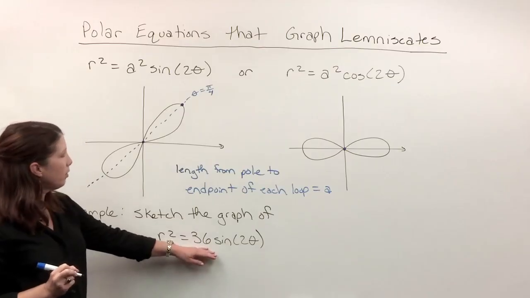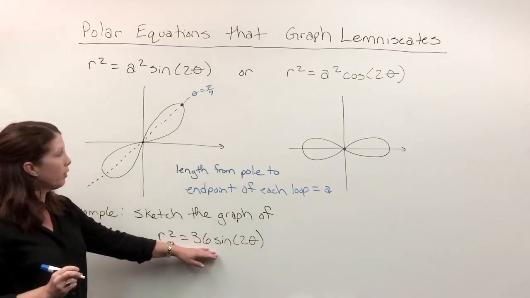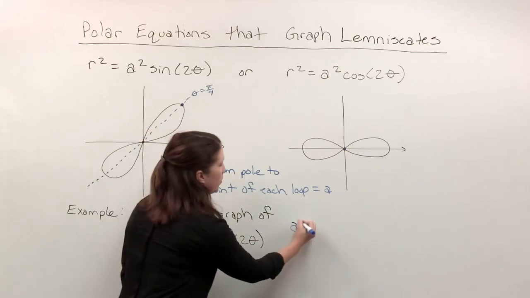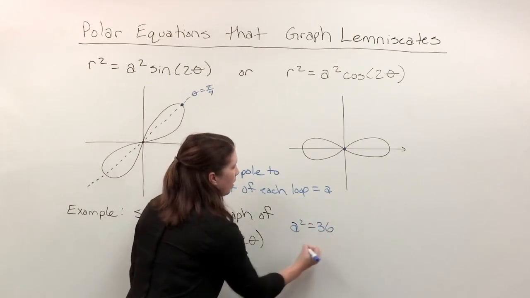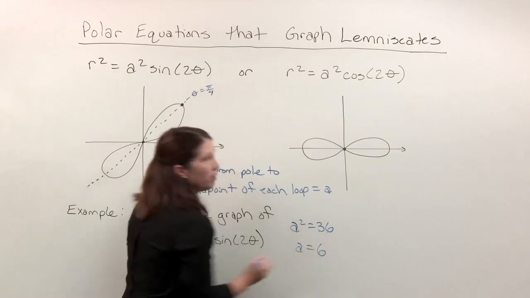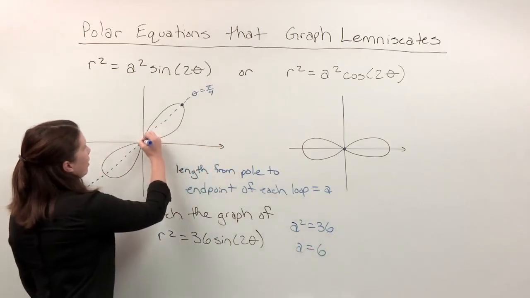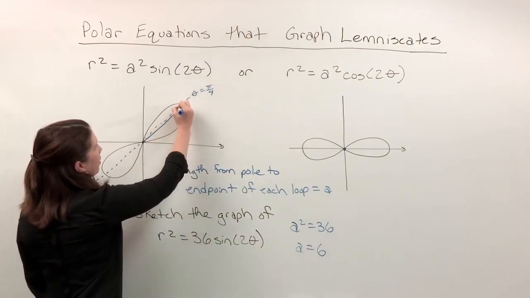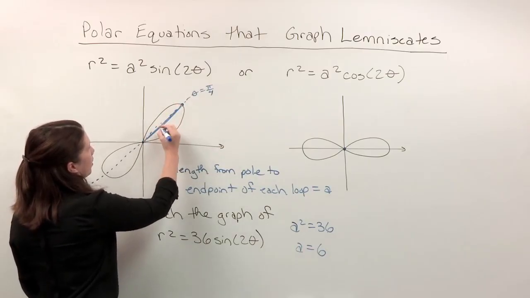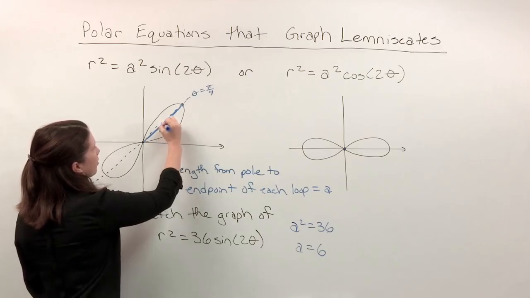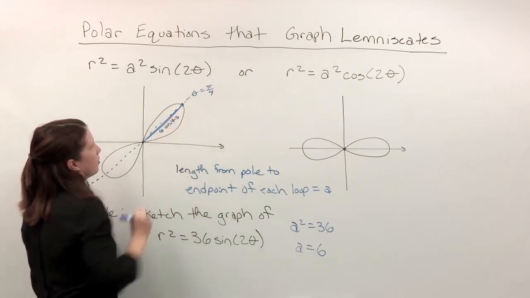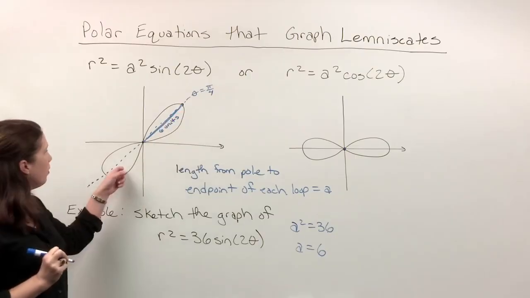So in this equation, a squared is 36. A is 6. And so the length from the end point of the loop to the pole is 6 units. And the same would be true here.